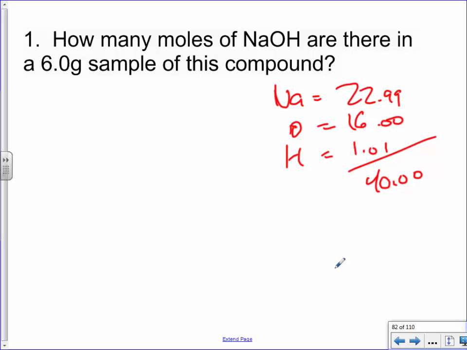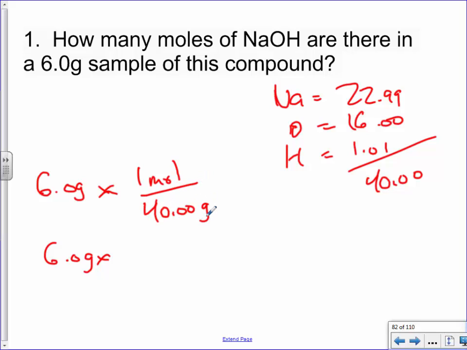So here's how I'm going to recommend you set this up then. I would say you have 6 grams, and then the ratio can be written one of 2 ways. I'm going to show you 2 different ways of writing it. You could say that in 1 mole there are 40 grams. Or you could flip it the other way, and say in 40 grams there is 1 mole.